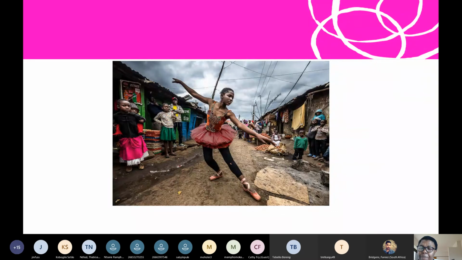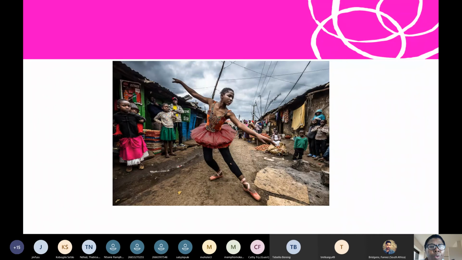How is the girl making money? And where is the girl? What is happening here and what kind of dance is this? Okay, these are some of the questions. I will stop there in the interest of time.